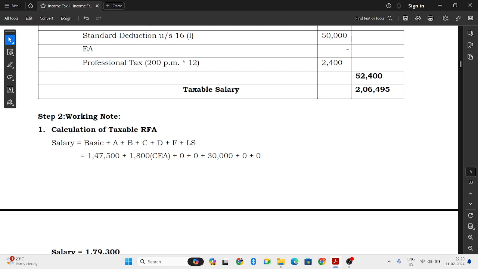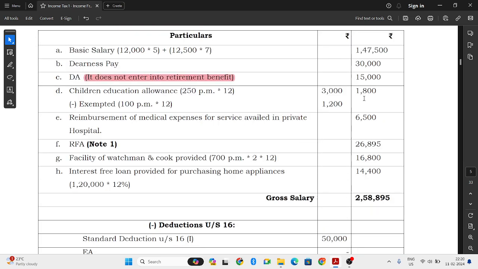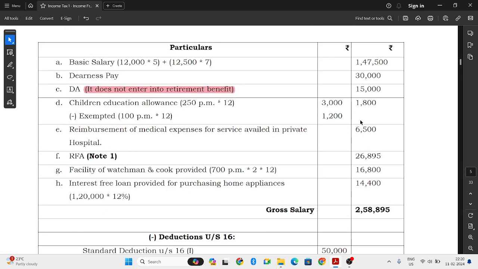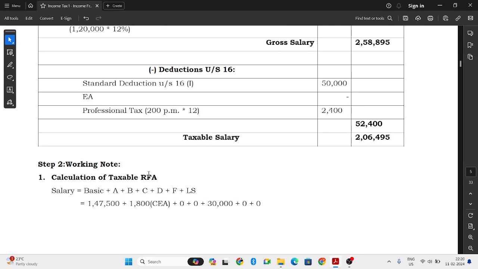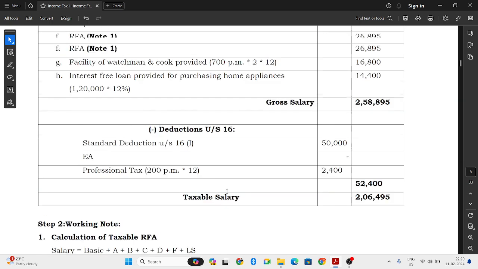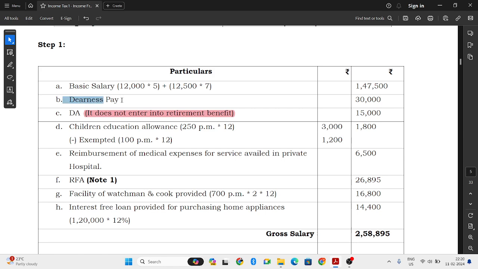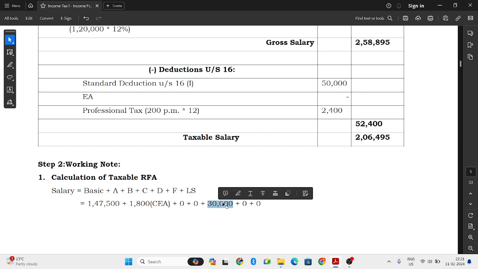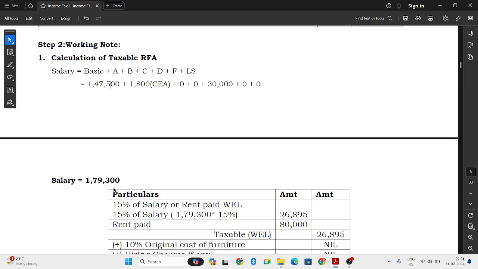First, basic salary we have calculated is 1,47,500, plus taxable allowances, that is children educational allowance of 1,800. Commission is not there. DNS allowance is not entering into retirement benefits, so that will not be taken into consideration. Plus DNS pay of 30,000, which we will consider. There is no leave salary.